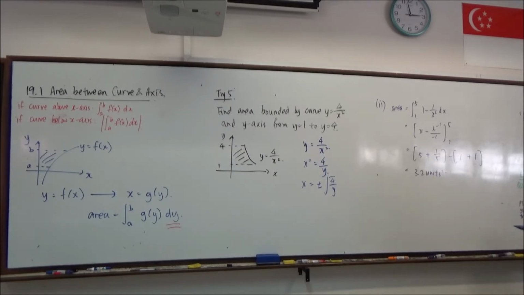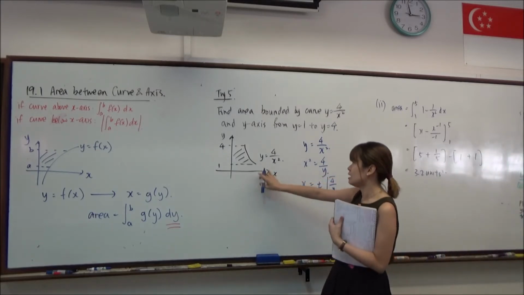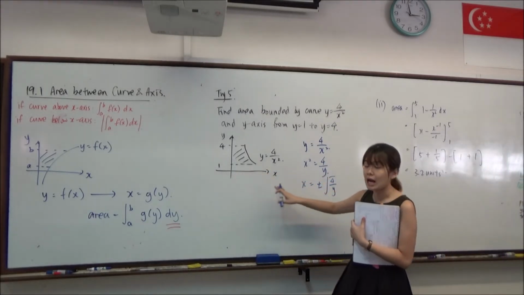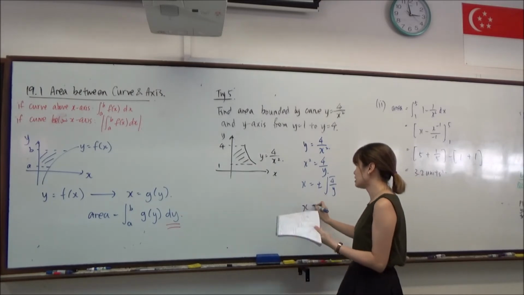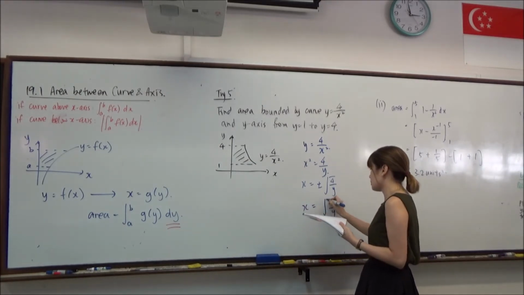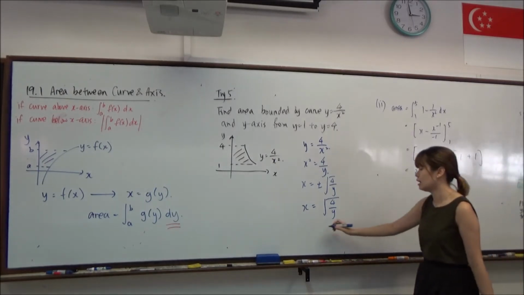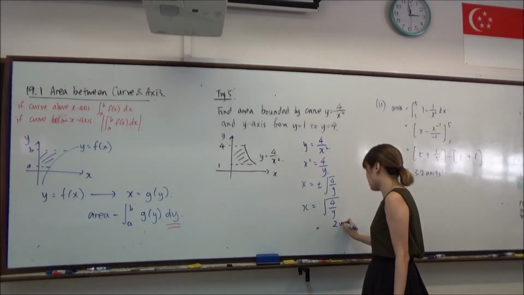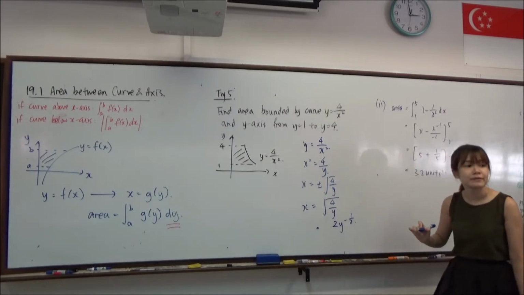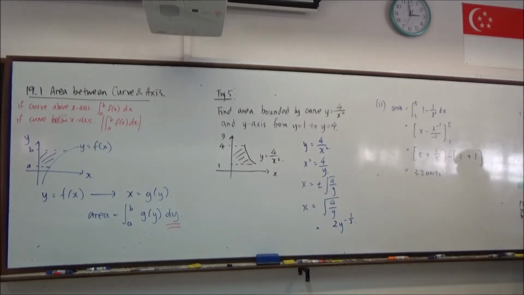We can see from this graph itself that my x values are positive. So therefore, we only take into concern the positive square root of 4 over y. This is actually 2 y to the power negative half, if I want to re-express it.